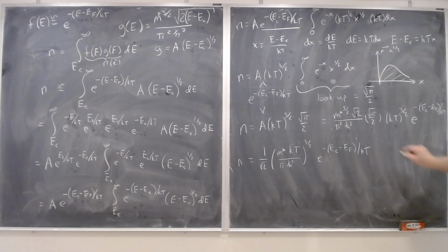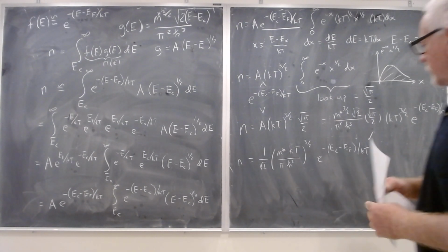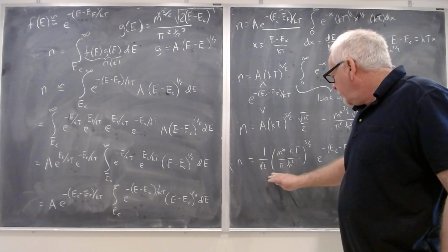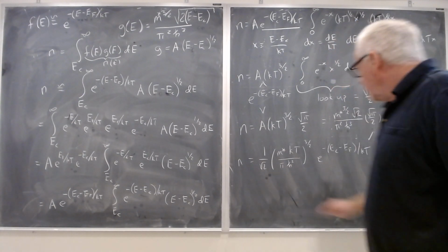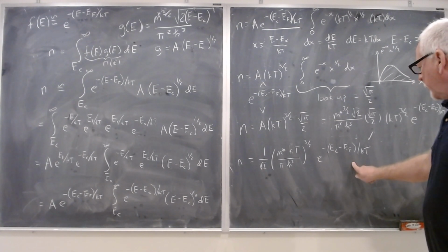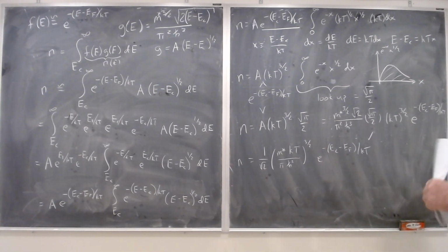And that's the answer. So basically, what it shows is that it goes as this sort of prefactor independent of the Fermi energy times this exponential, which depends upon the Fermi energy in that manner.